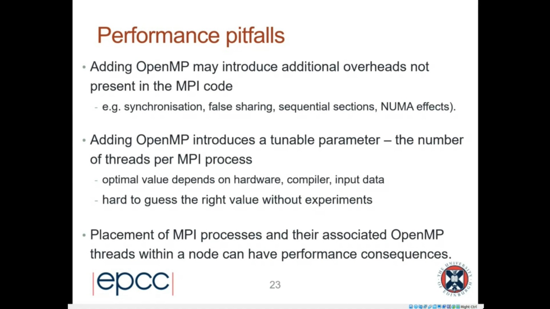But then you have a tunable parameter, the number of threads per MPI process. So you end up having to do a big scan, asking, does hybrid MPI OpenMP benefit me? If so, where's the sweet spot? 64 processes, 2 threads, 32 processes, 4 threads, and then where do they go? Placement of MPI processes and associated OpenMP threads can have performance consequences.